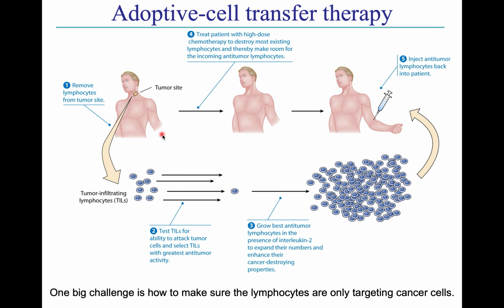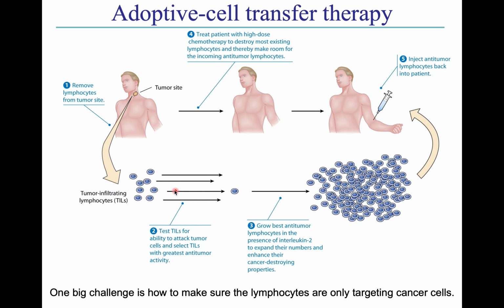The idea being that's probably where you're going to find immune cells that would be most primed to attack that tumor. Then in the lab, they would screen those T cells for their ability to recognize the cancer cells, propagate those that seem to be best at doing that, and then reintroduce them into the patient.